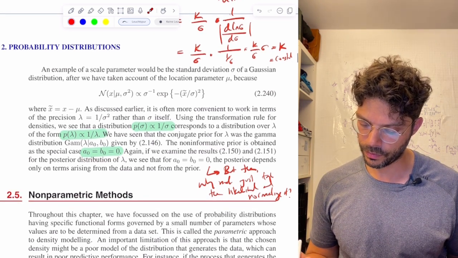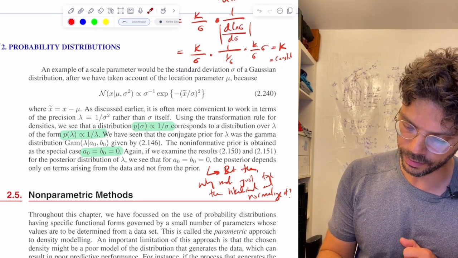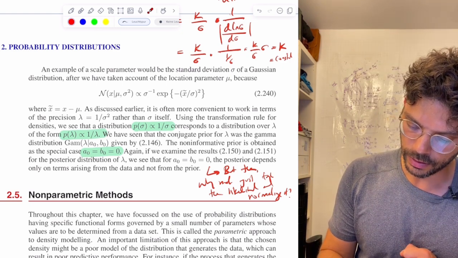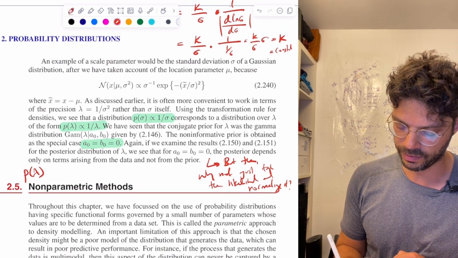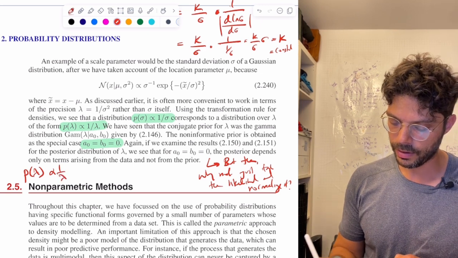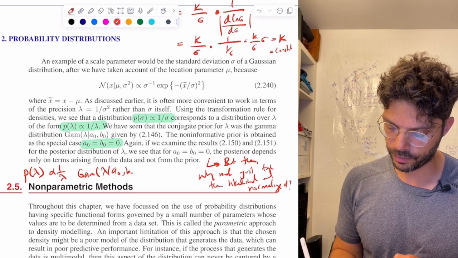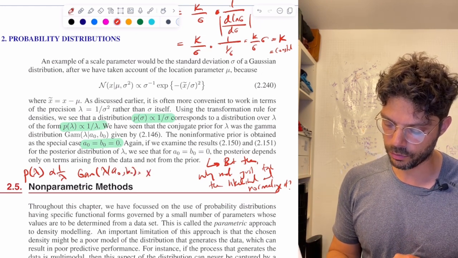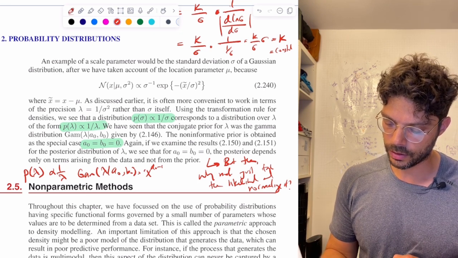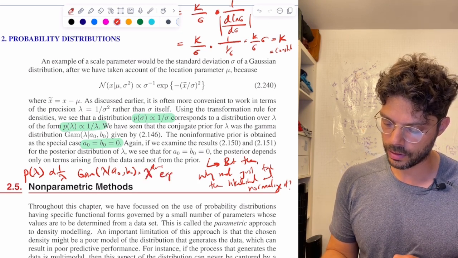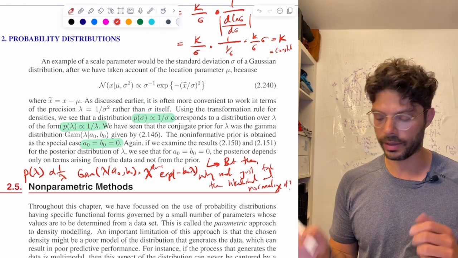And that was because we want P of lambda to be proportional to 1 over lambda, and the gamma distribution has the form lambda to the a naught minus 1, times e to the minus b naught lambda, or something like that, right?